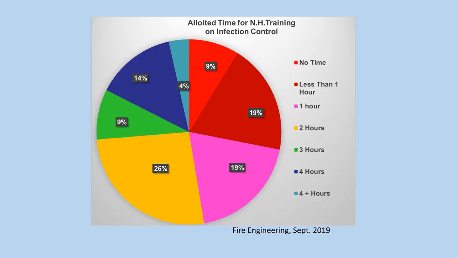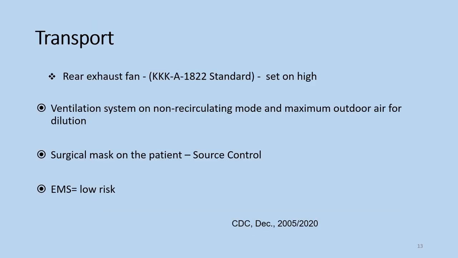by OSHA for training. Now let's talk about the protection offered you by your ventilation system and rear exhaust fan in your vehicle. You have a KKK specification regarding the rear exhaust fan.